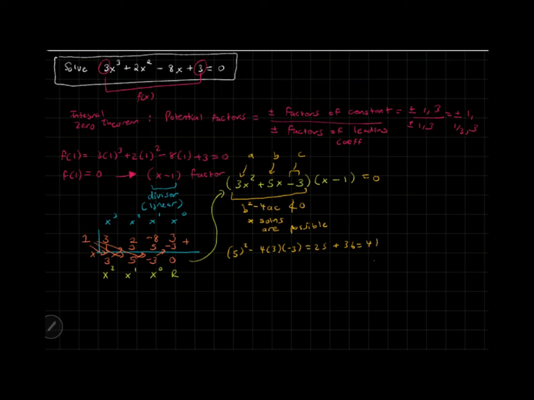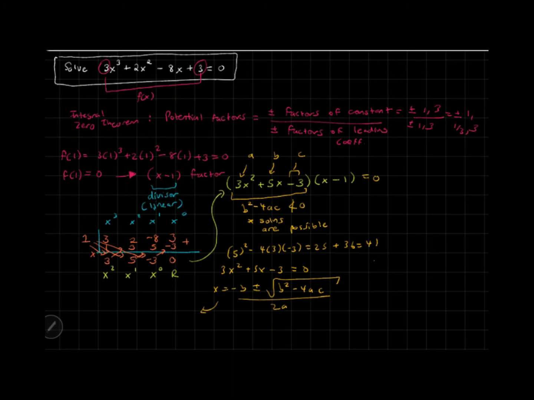You can figure out those two solutions using the quadratic formula. If you let 3x squared plus 5x minus 3 equal 0, then x is equal to -b plus or minus the square root of b squared minus 4ac, over 2a. This is going to be somewhat irrational numbers. We figured out the b squared minus 4ac term is 41.